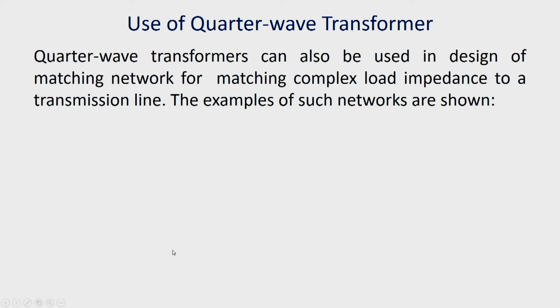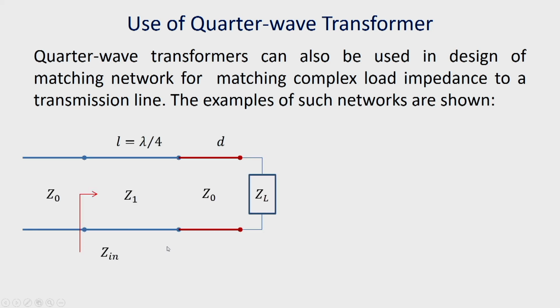So, we show some example of such networks. For example, here ZL is a complex load to be matched to Z0. What we can do? We can take a transmission line section of length d and transform this ZL in such a way that the imaginary part becomes 0.